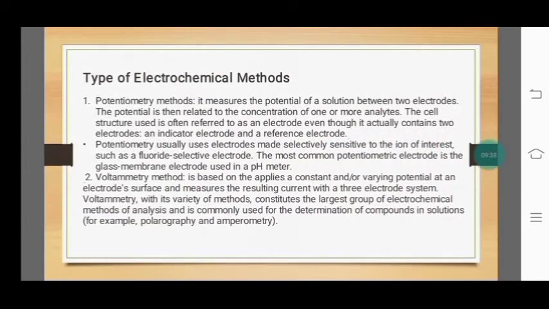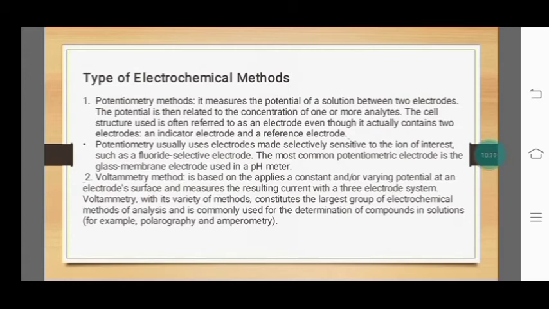So, types of electrochemical methods. There are four. First is the potentiometry method. It measures the potential of a solution between two electrodes. The potential is then related to the concentration of one or more analytes. The cell structure used is often referred to as an electrode even though it actually contains two electrodes, an indicator electrode and a reference electrode.